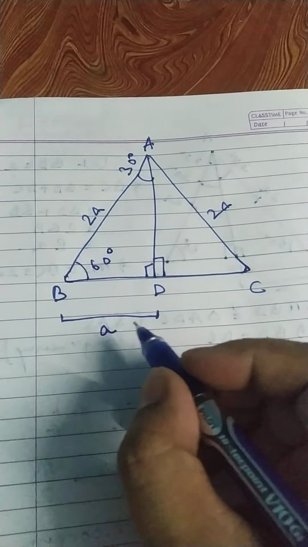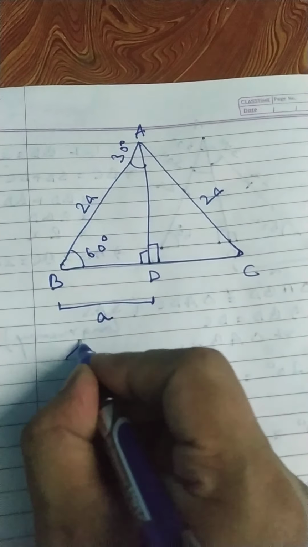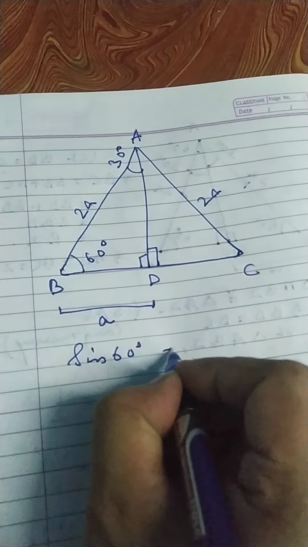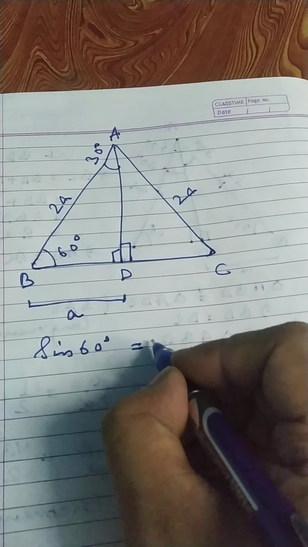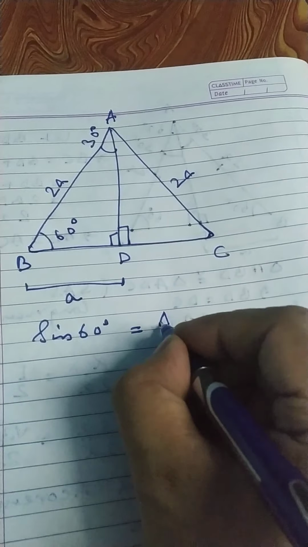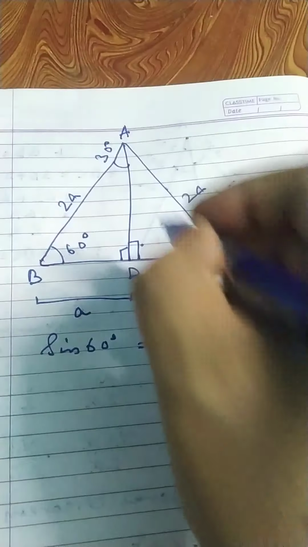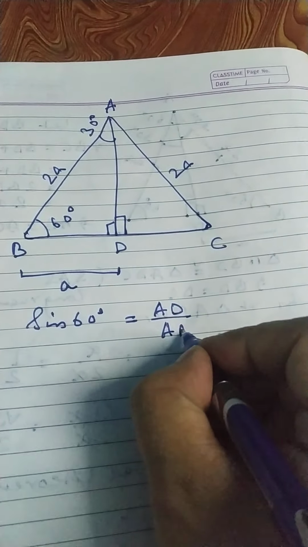Now in the right angle triangle ABD, sine 60 is, some people have P for perpendicular. Perpendicular is AD, hypotenuse is AB.